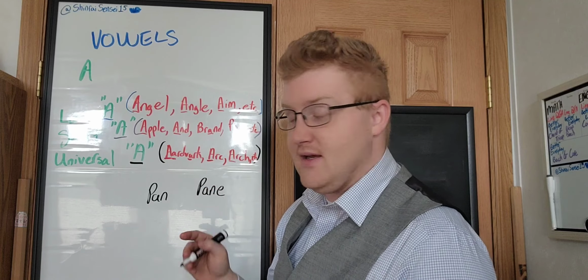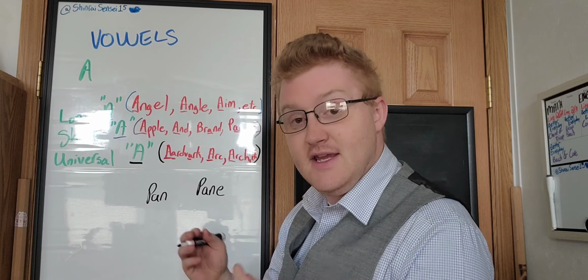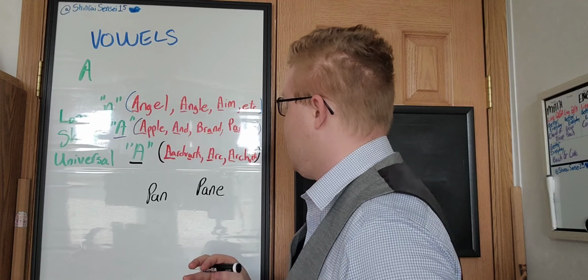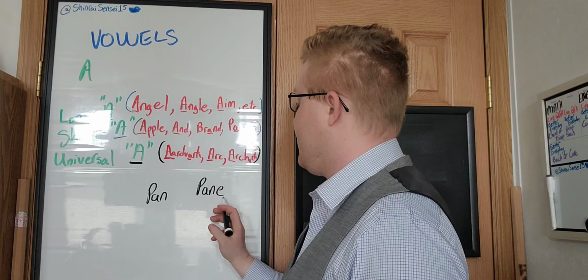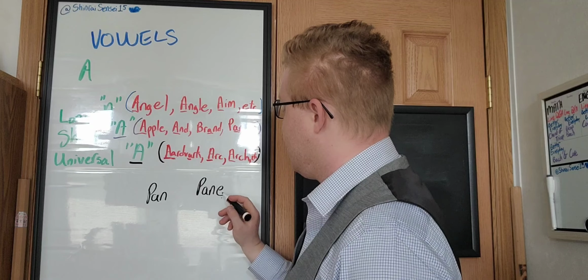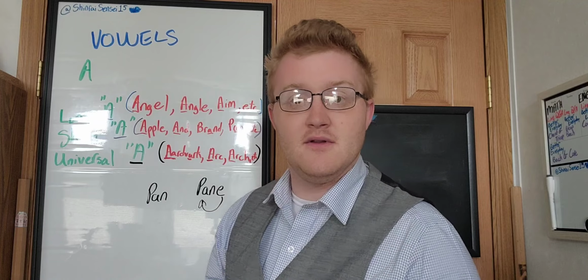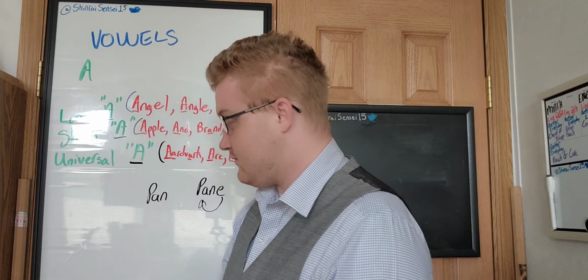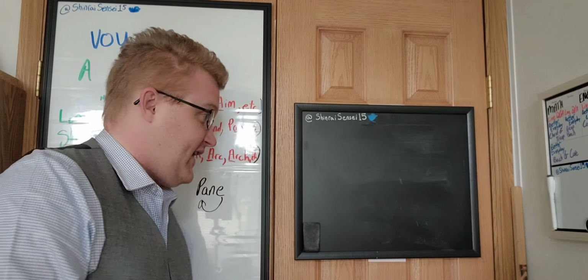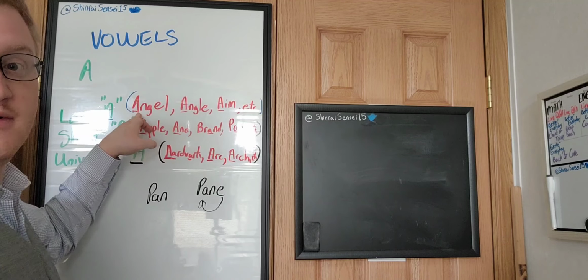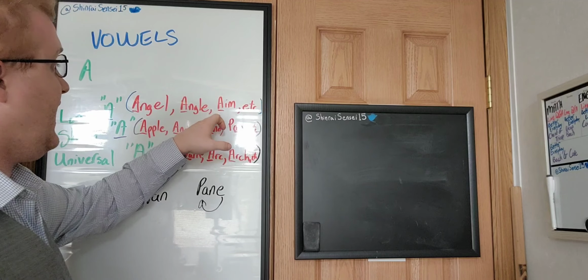And we'll go over E in the next episode and explain how E and the letter I, but more so E than I, is a very good helper letter to make the vowels that precede it sound long, right? But for today, you have long A, such as angel, angle, aim.